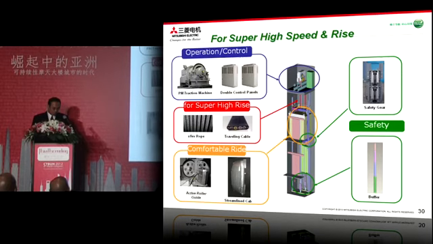Third, we achieved a comfortable ride, the same as for a high-speed elevator. Fourth, to ensure safety and reliability, which is essential and fundamental for us. Let me introduce each equipment.